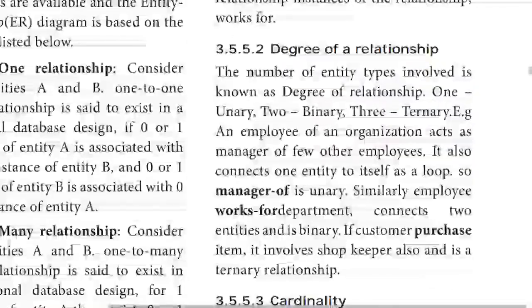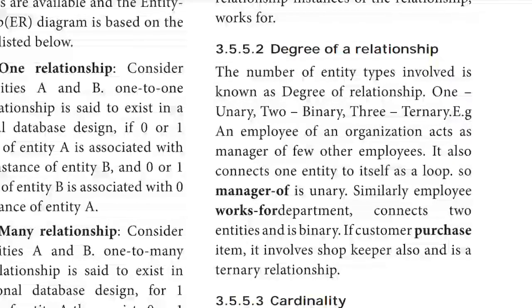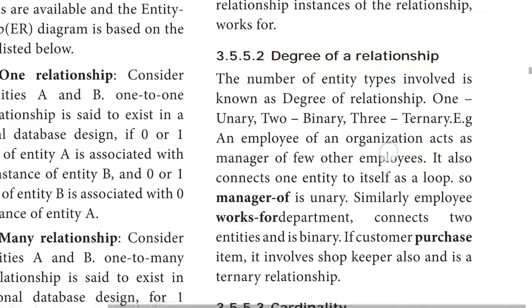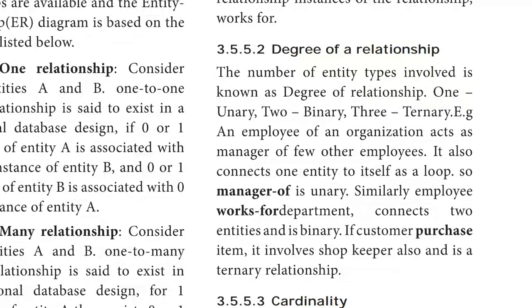Next is degree of relationship. The number of entity types involved is known as the degree of relationship. One means unary, two means binary, three means ternary. For example, an employee of an organization acts as a manager for a few other employees. It connects one entity to itself as a loop.